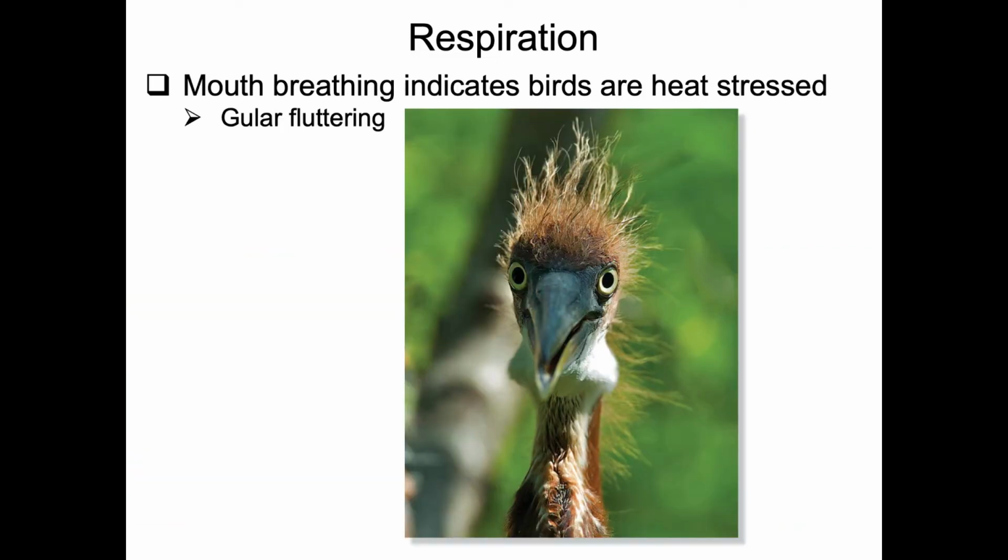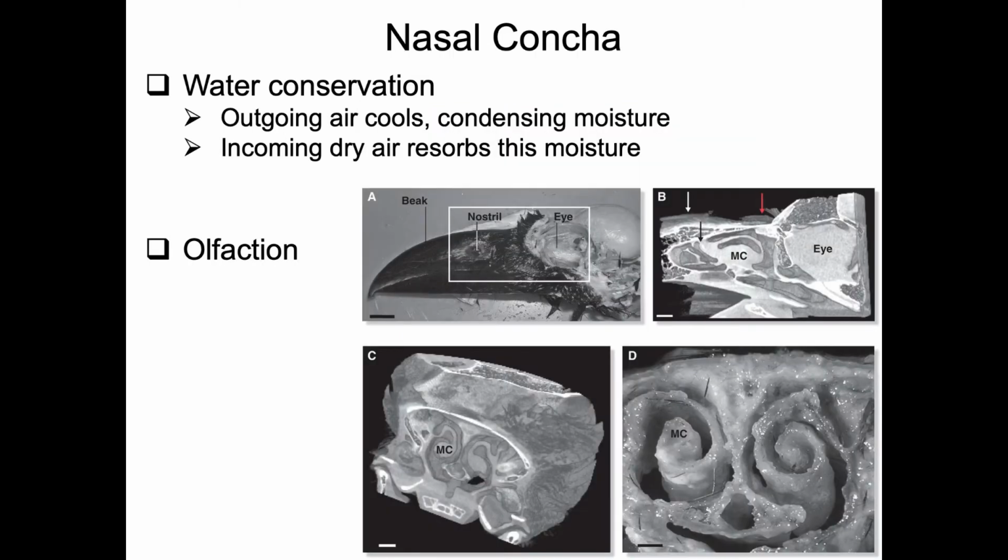As I mentioned, mouth breathing is something that indicates that a bird is heat stressed, so the gular fluttering that we talked about raises metabolism when a bird is trying to get rid of heat, but we're going to see it also has a cost associated with water loss. Some of the things that birds do to conserve water is have highly vascularized, highly coiled terminal chambers called nasal concha. What this high surface area, highly vascularized surface allows is water conservation.